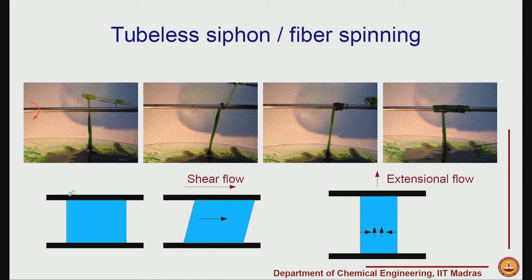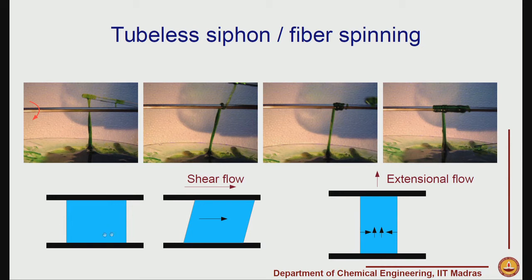What we have seen so far were all examples of shear flow, where we took the fluid between two plates and subjected the fluid to shear deformation by imposing a shear flow. Now, in this fiber spinning operation, when the filament is getting stretched, we have an analogous situation where we take fluid between two plates and then the plates are pulled apart, so that the fluid gets stretched.